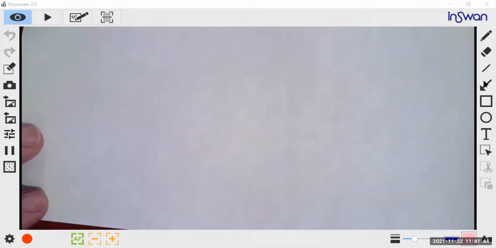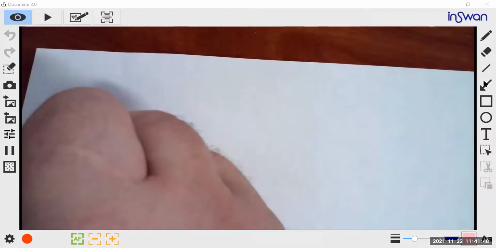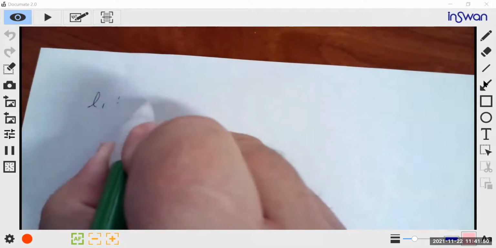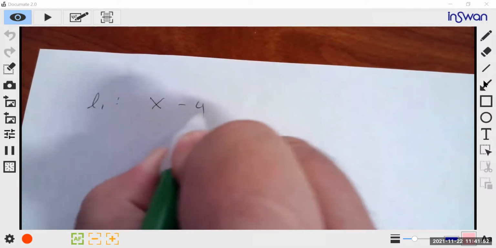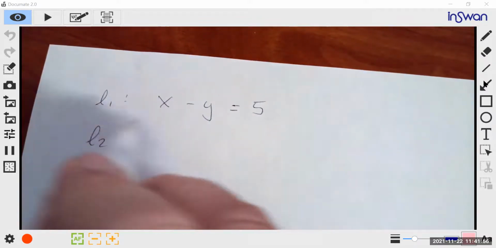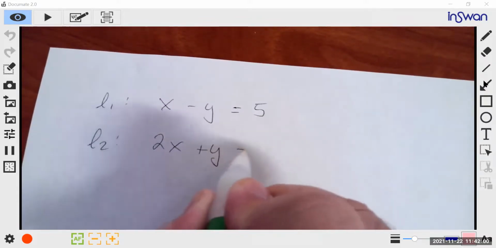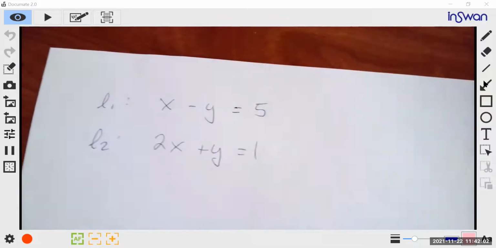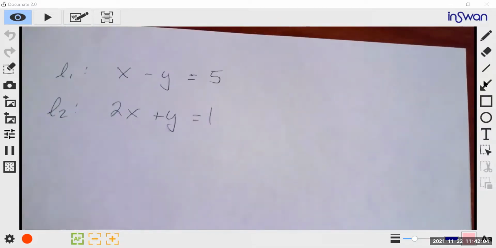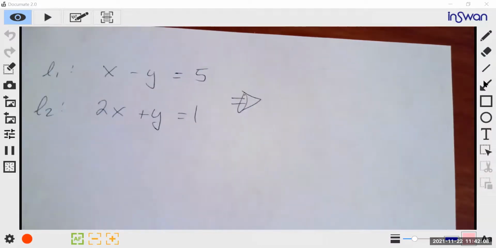All right, let's look at our example. Let's do this, and I'll show you how to find x and y also. So here we have our 2 equations. X minus y equals 5. 2x plus y equals 1. Convert it to matrices first.